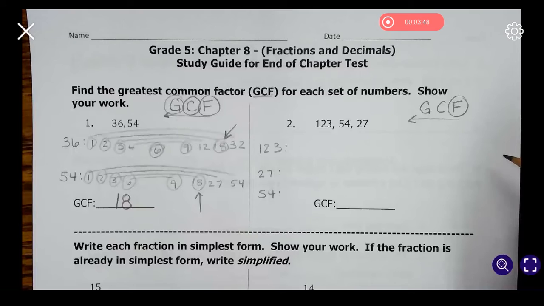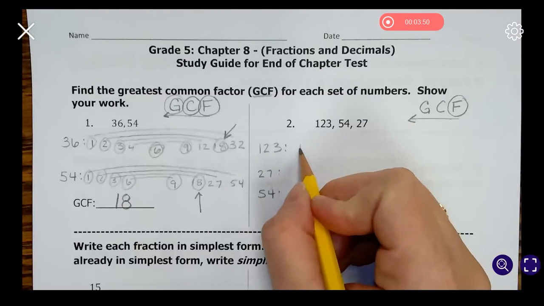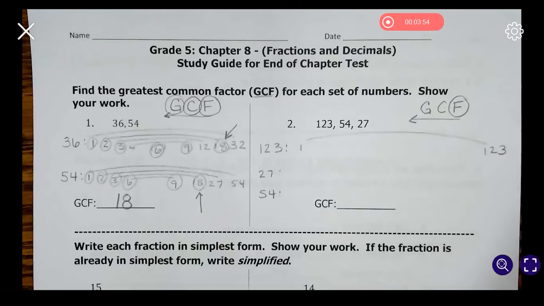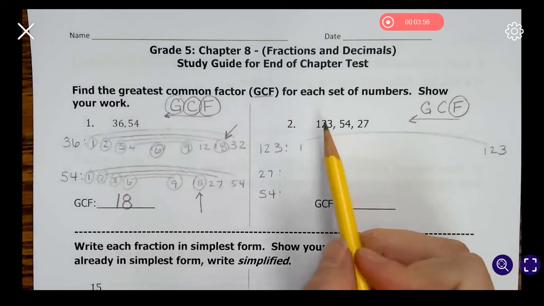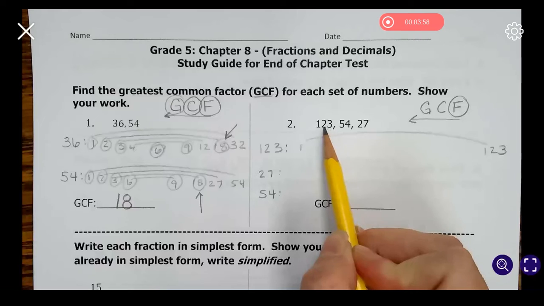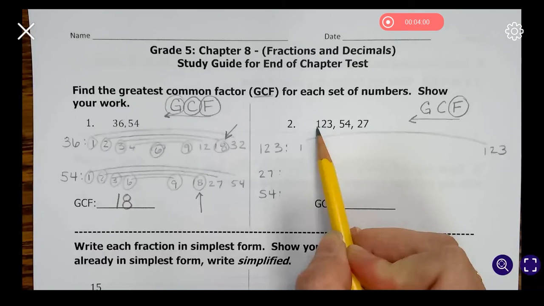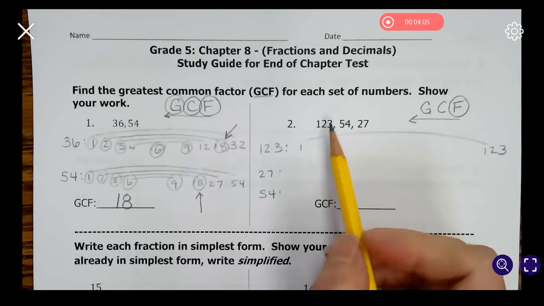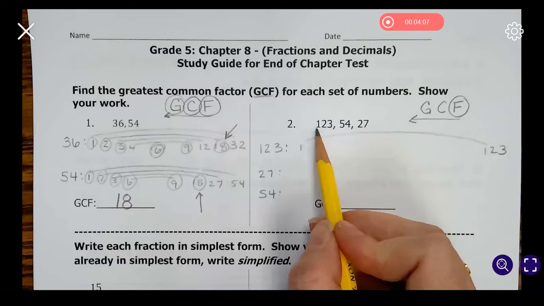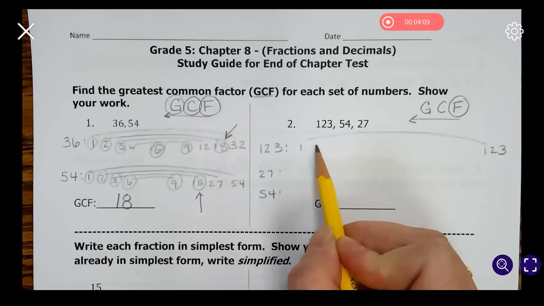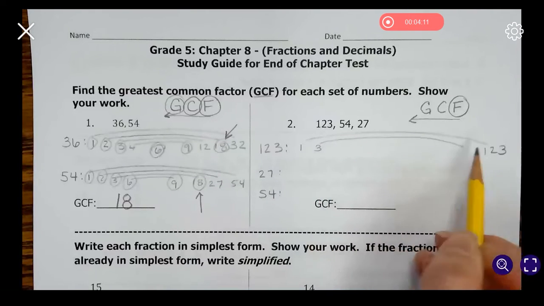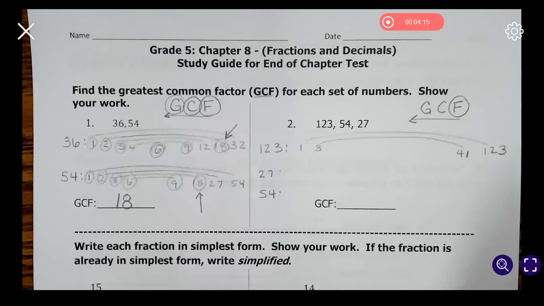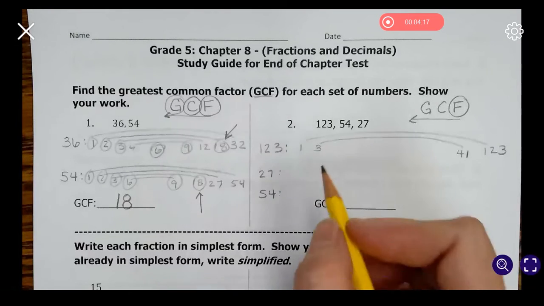All right, so 123. Well, we're going to start with 1 times 123. Now, one of the tips: 3 plus 2 plus 1 equals 6, okay? That is divisible by 3. So if you divide 123 by 3, you're going to get 41. Next, you have 54.